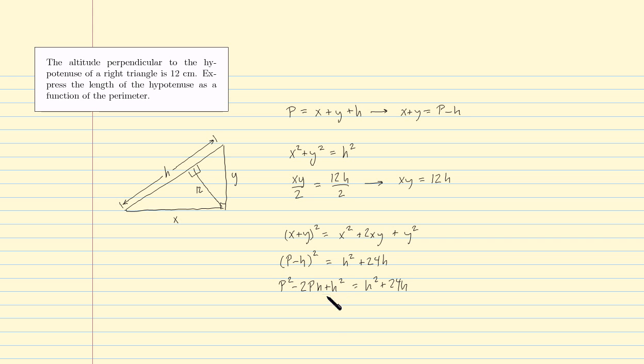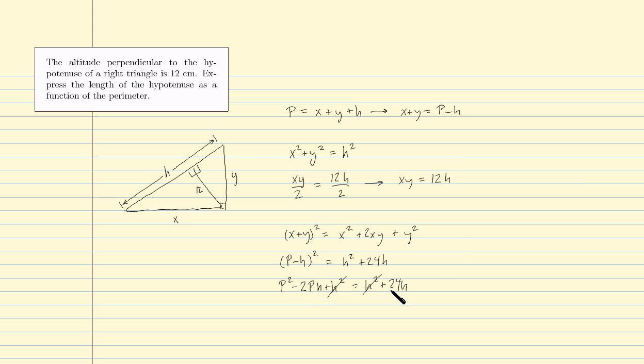This is wonderful because the h squareds drop off. The resulting equation is linear in terms of h. Okay, I only see single h's to the first power here, so I can isolate those h's on one side and solve for them very quickly.